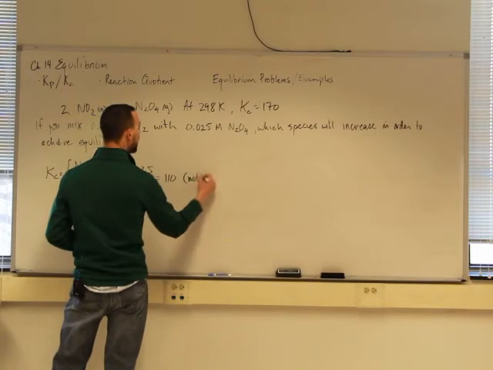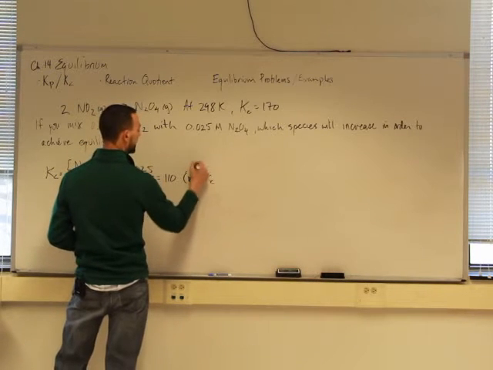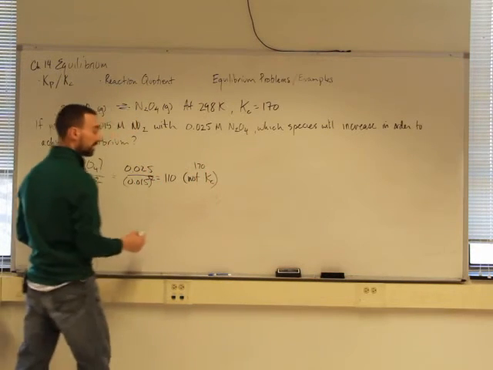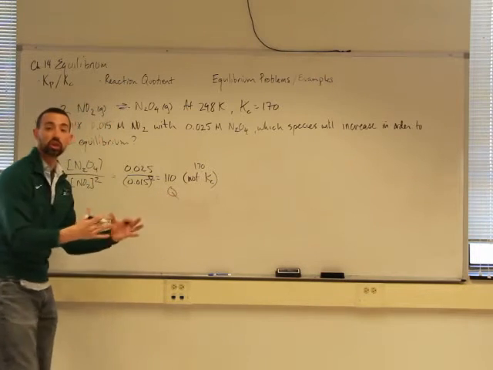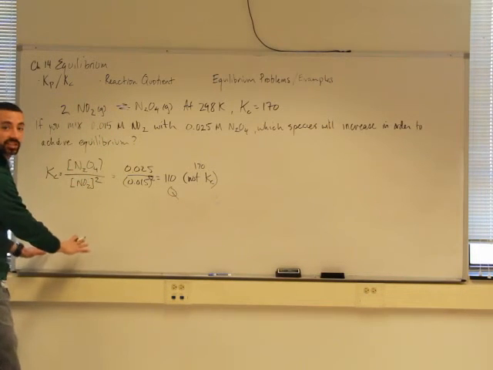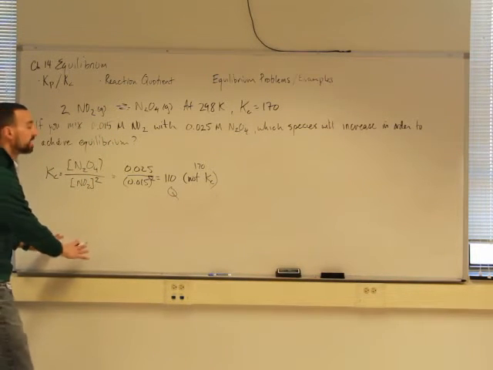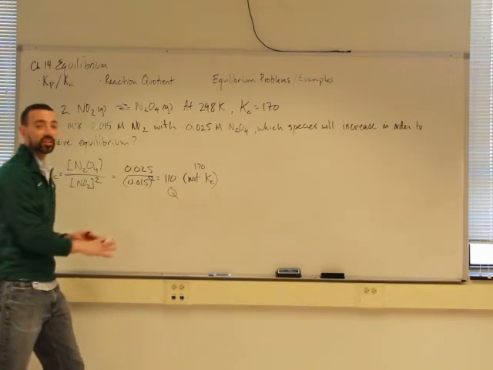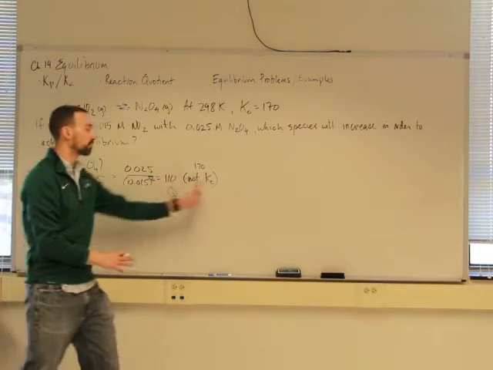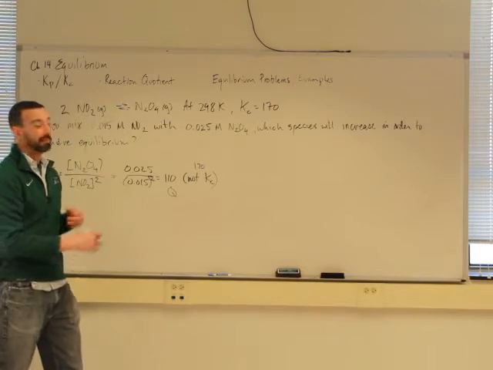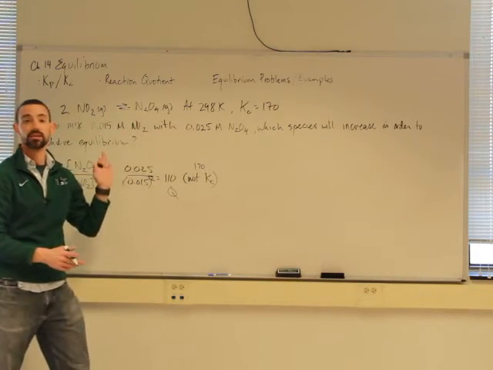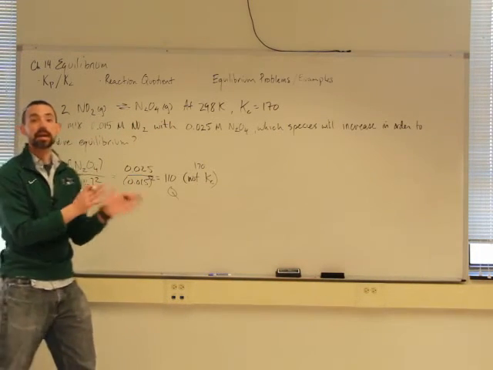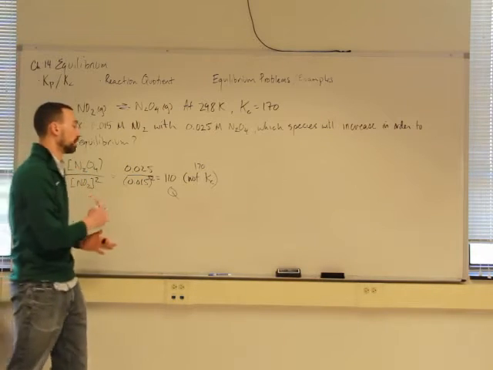So this is not the Kc, which is 170. So this number is a Q, just like in the table that I just had up here a minute ago, right? I checked in on this reaction at a time where I'm not yet at equilibrium. Well, actually, it's what I started with, right? Okay. So now this is my compass, this Q.